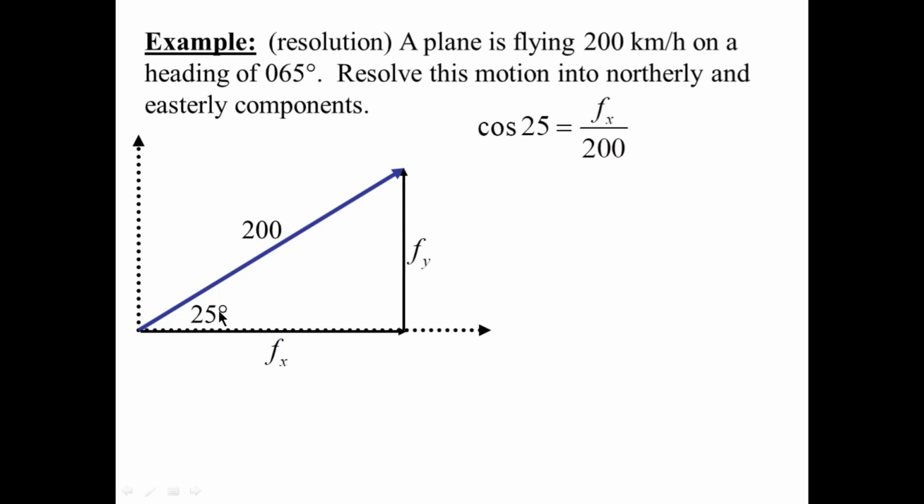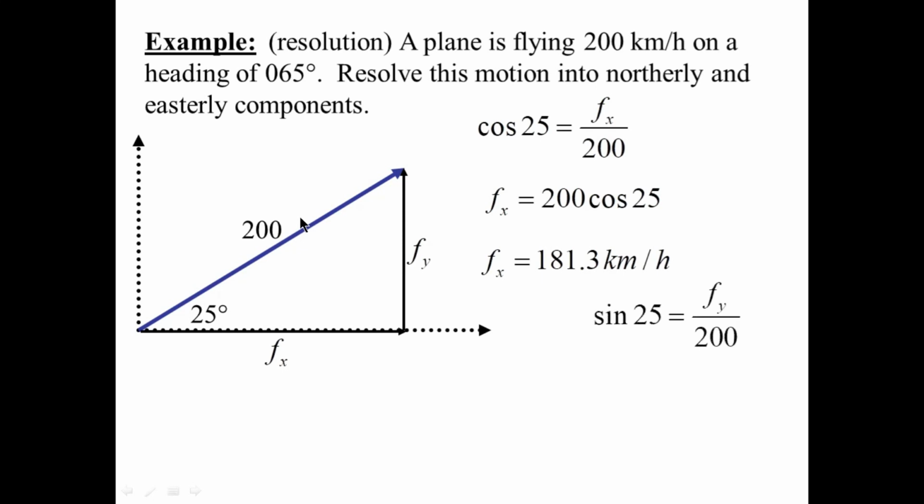And we can see that the cosine of 25 is adjacent over hypotenuse. So the force in the x direction is 200 cos 25, which is 181.3. And the force in the y direction, well, let's see, sine of 25 is opposite over hypotenuse.